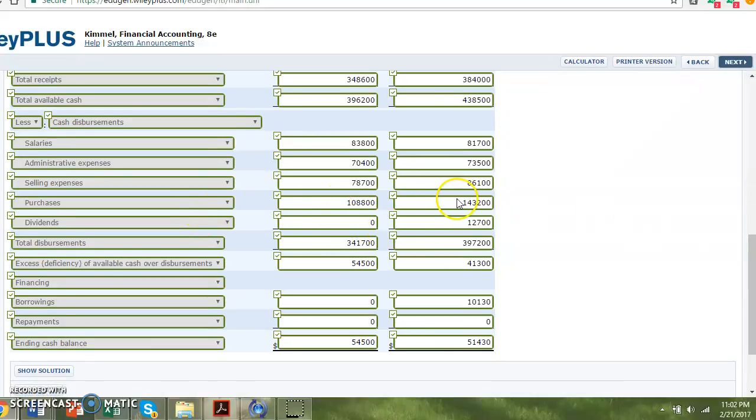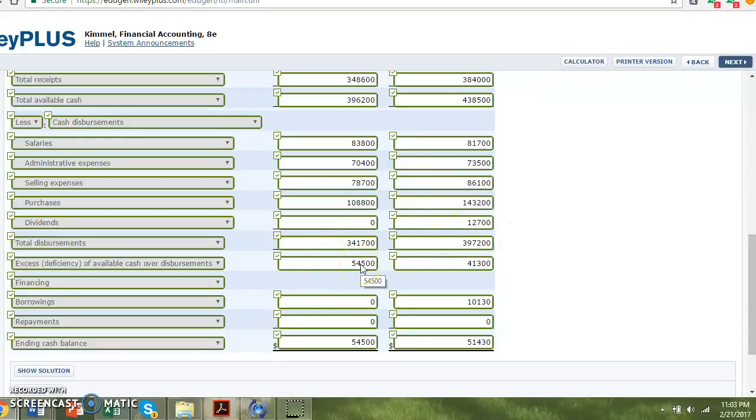So we've got our purchases here, our dividends here. January we didn't pay any dividends, so we didn't have to add any there. Our total disbursements, once again, we're just adding all of these up to get our total disbursements for January. And then for February, same thing, add all of those up to get this total disbursement.